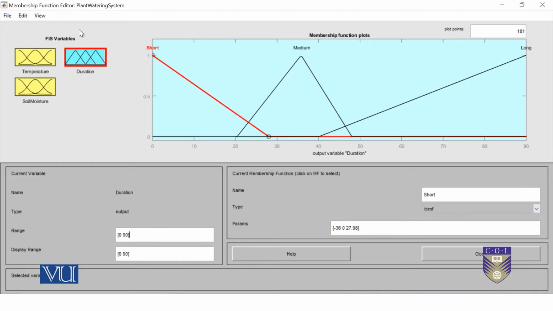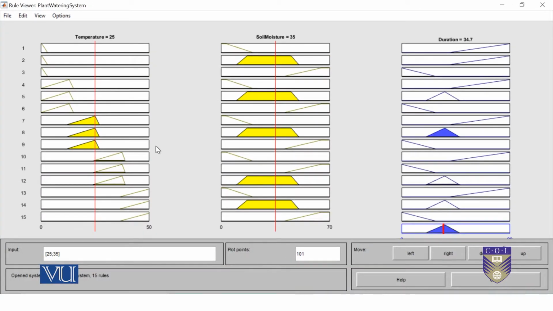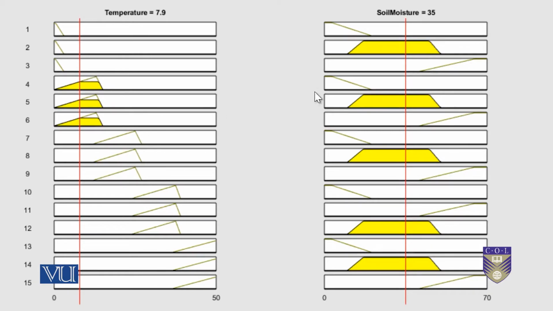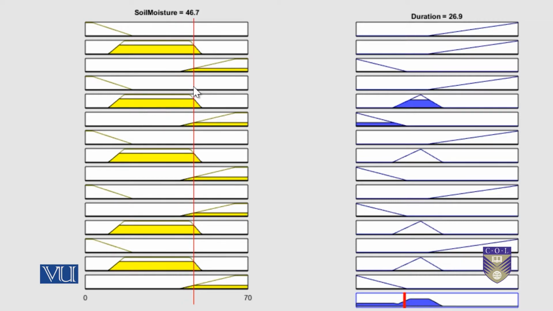In rule viewer, we can see the inference of rules against the inputs provided. As you can see, you can move around and see the behavior, the effect of the temperature that results, and so you can see those vertical lines, and then because of the soil moisture as well.